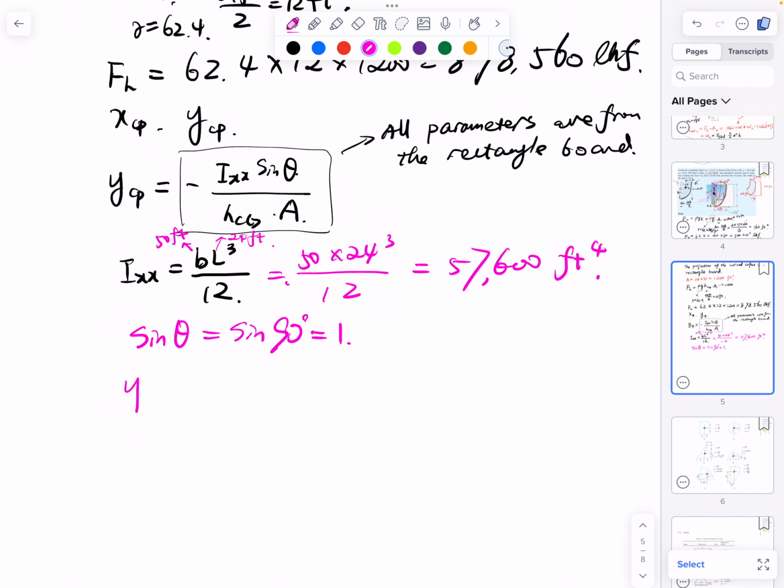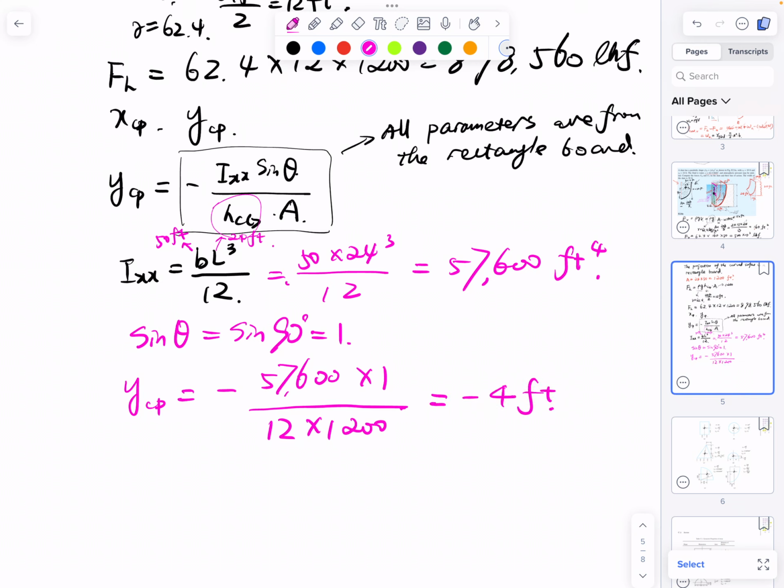And that means our YCP equals negative 57,600 multiplied by 1 divided by HCG, which we just calculated, 24 divided by 2, so it's 12, multiplied by 1,200. So what you have is negative 4 feet.